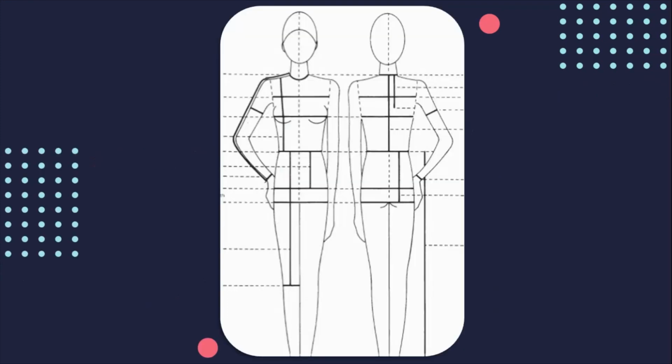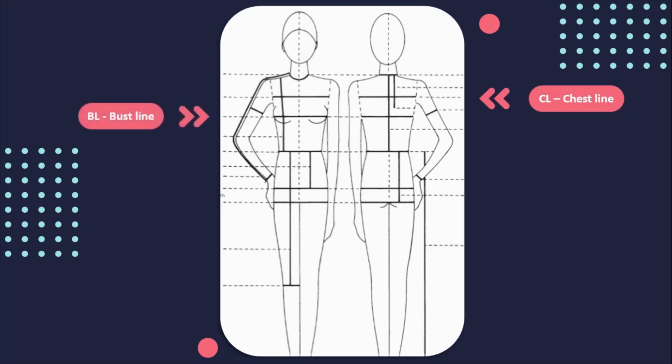The following abbreviations are to describe different balance points or lines. I will also show you which line it is on the image. First, we have the chest line. As you can see, it runs across the chest. Then we have the bust line.